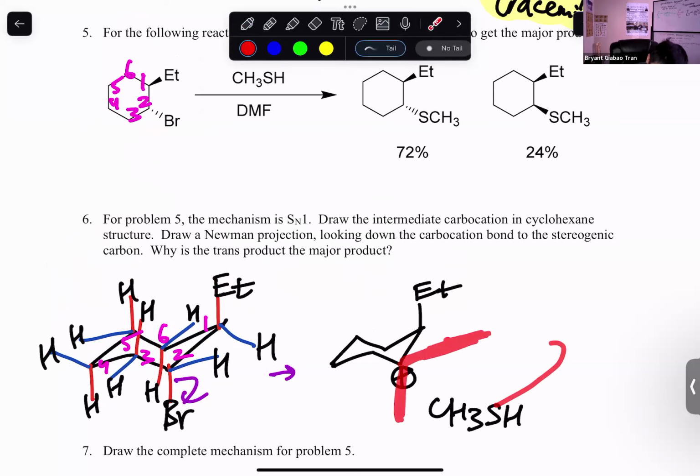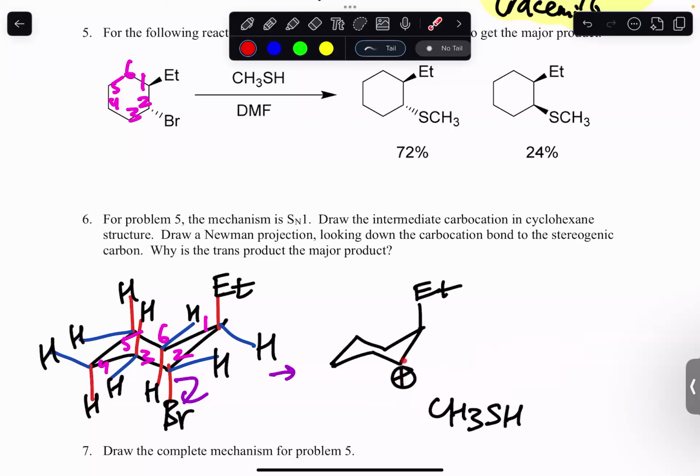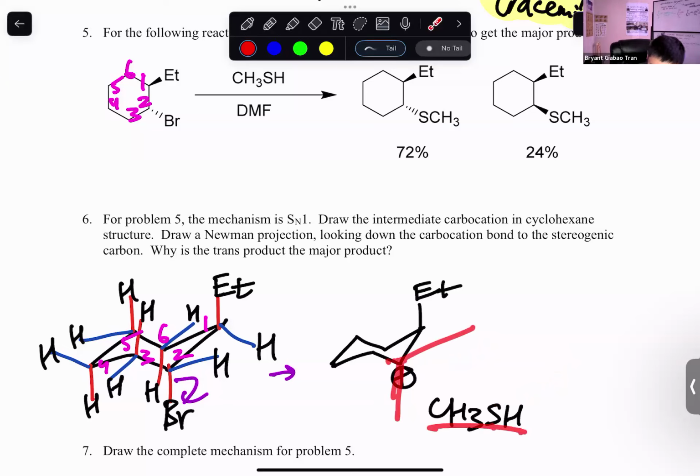So have you learned about the concept steric hindrance? Steric hindrance, Johanna? Yes. Right. So we want the CH3SH group to be opposite from the Et group to avoid steric hindrance. Right. We don't want them bumping into each other.